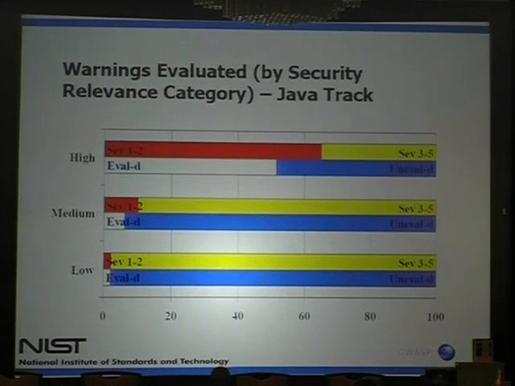So we tried to focus our analysis on the high security relevance categories. For the medium and low, some got evaluated for some reason. In some cases, it's just because they were associated with other weaknesses, as tools report weaknesses with different severity.